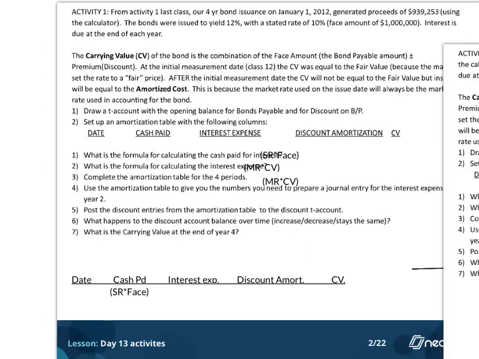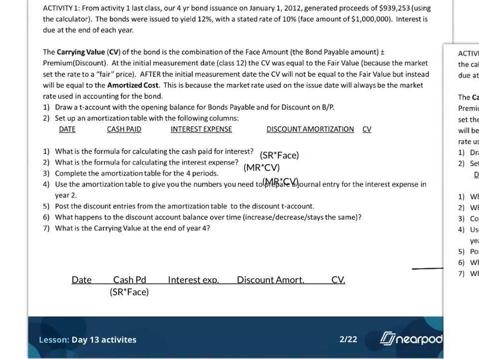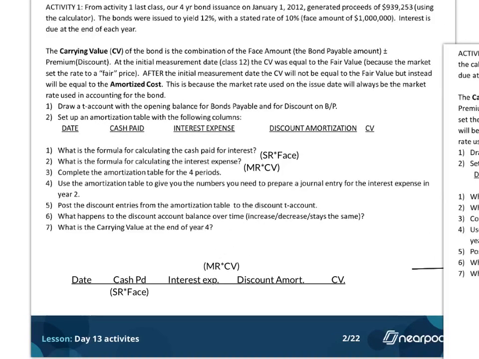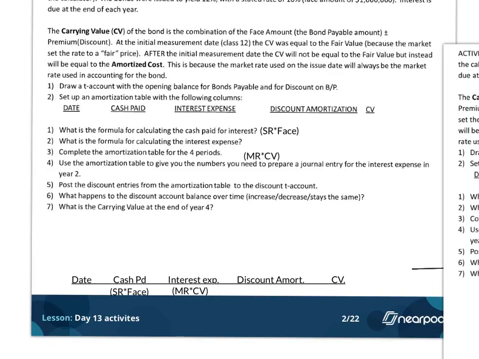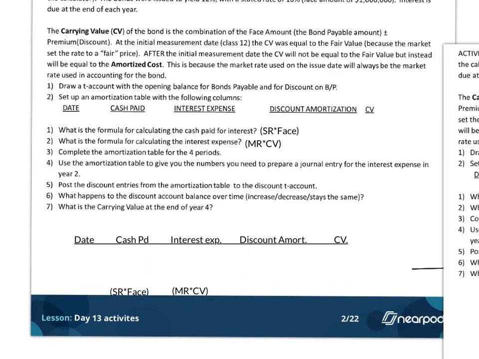Copy the whole thing. That was not what I wanted to do. All right. And I ask you to complete that amortization table for the 4 periods. So I am going to get you started on that here.